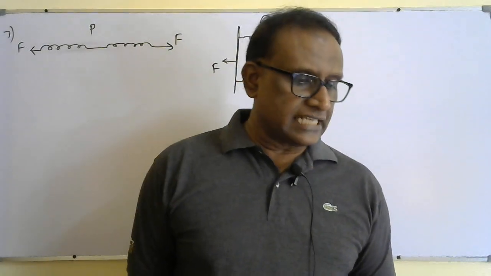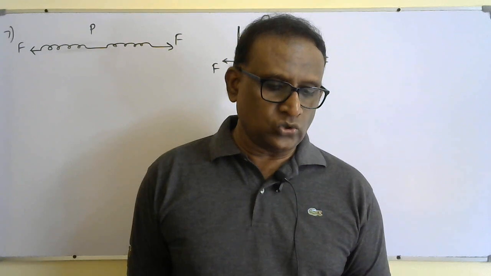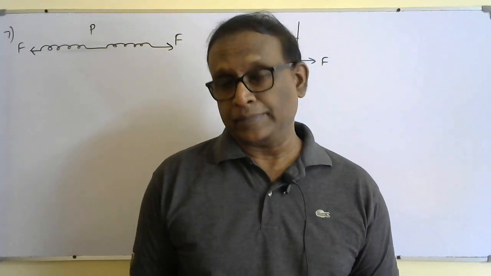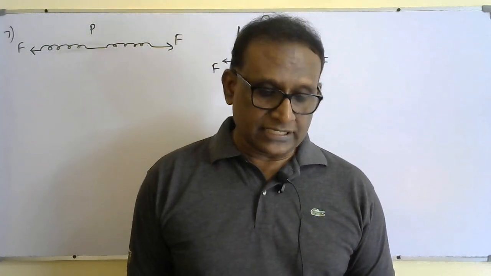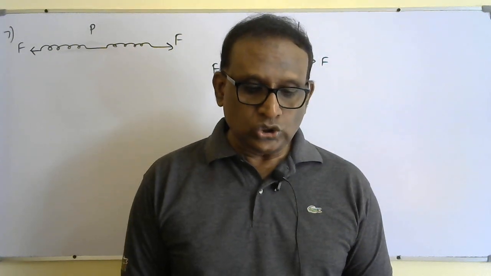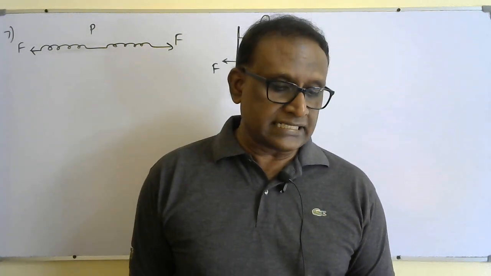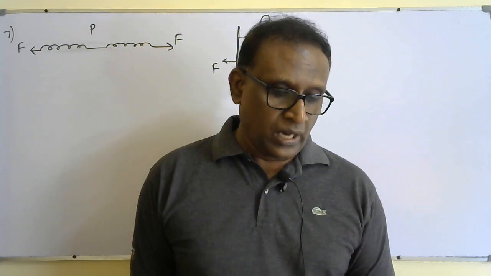Okay, question number 7. Two arrangements P and Q of identical springs, so that means they have the same spring constant K, are subjected to the same tensile force F as shown.